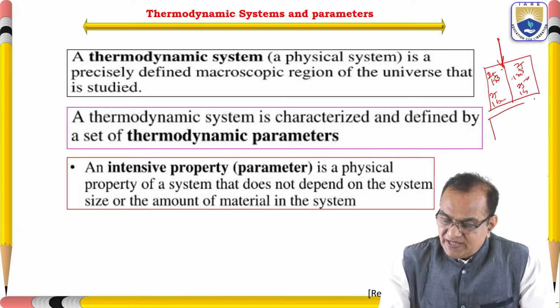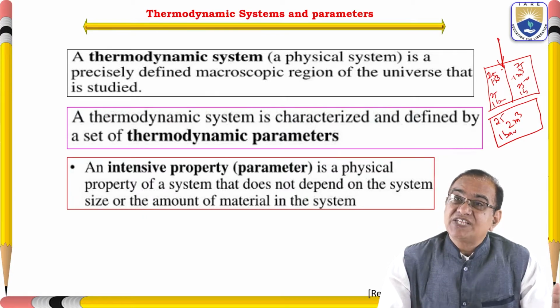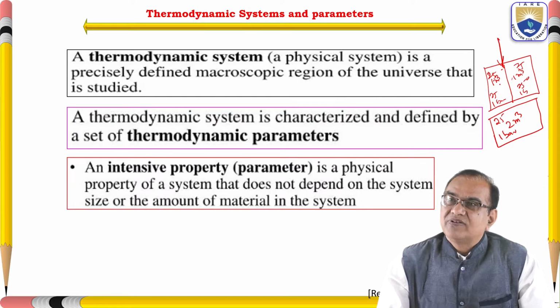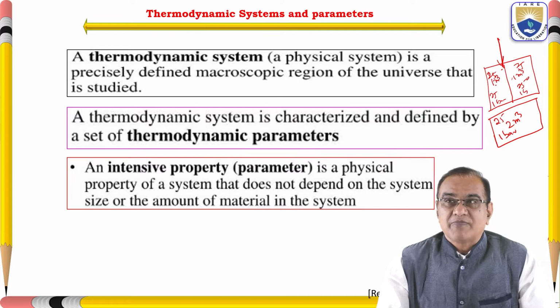So how much will be your volume? It will be 2 meter cube, but the temperature will be 25 and the pressure will be 1 bar. This means pressure and temperature are intensive properties, but volume and mass are not, because they depend upon the size.